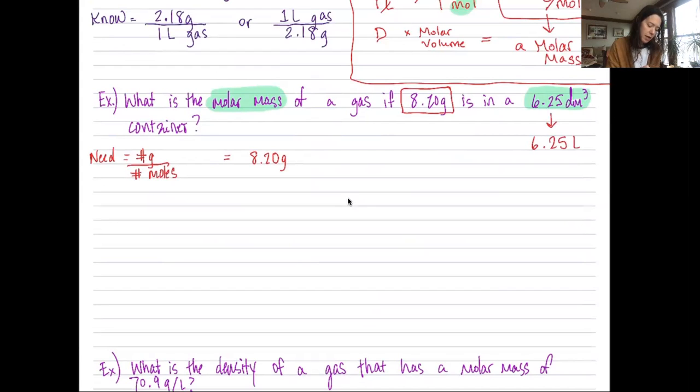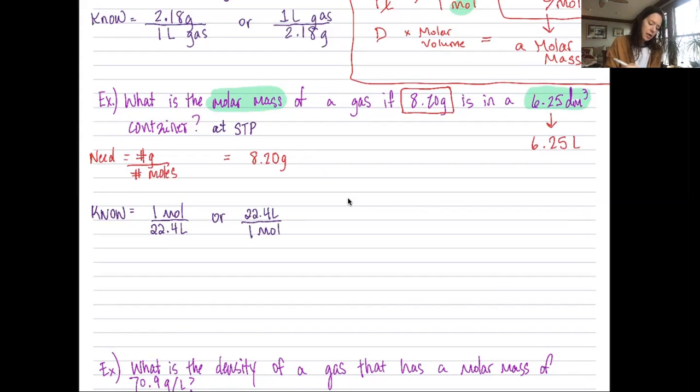What is the molar mass? Once again, we are left to assume that this is at STP. Therefore, we also know that 1 mole is equivalent to 22.4 liters, or 22.4 liters is equivalent to 1 mole.